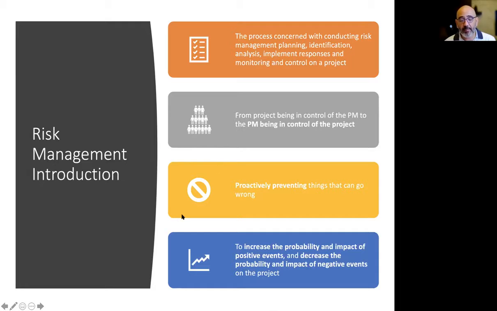And this is done proactively to prevent things that can go wrong. And this is inevitable. Issues and risks and change is inevitable on the project. The objective is to increase the probability and the impact of positive events and decrease the probability and impact of negative events on the project.